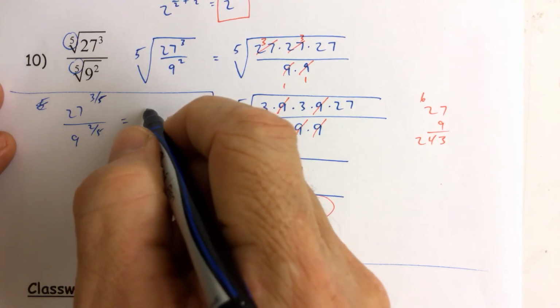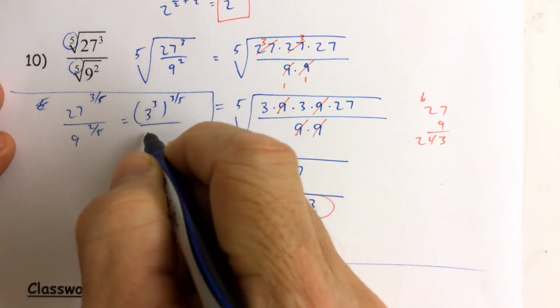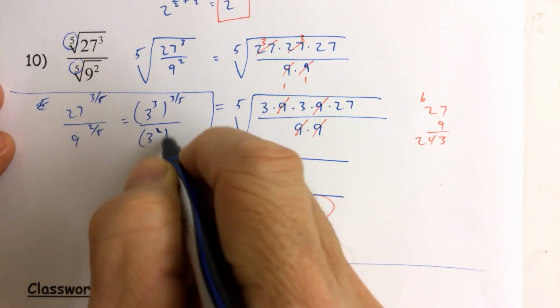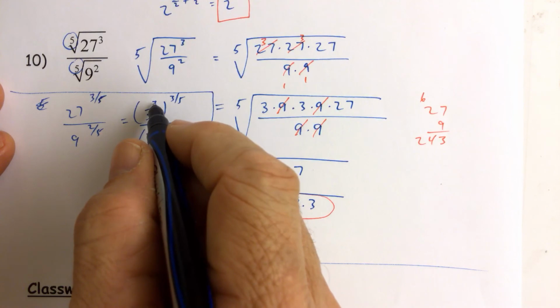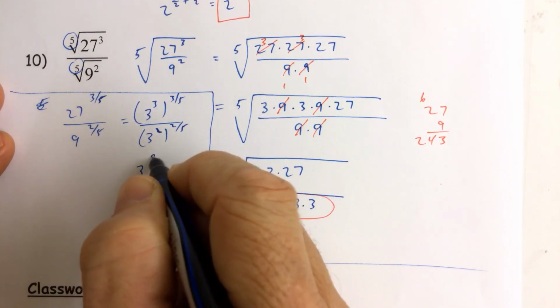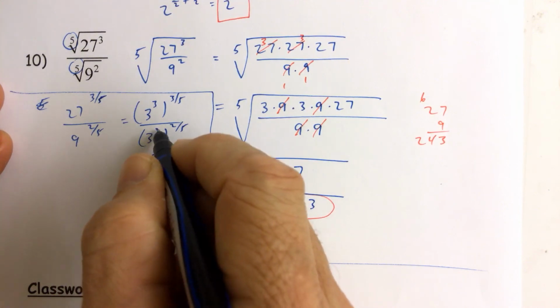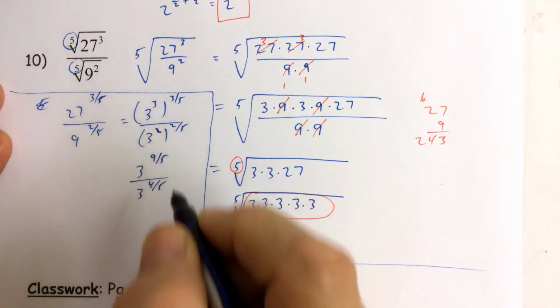So here's another way to do it. You have 3 to the 3rd power to the 3/5, and then you have 3 squared to the 2/5. Well, power to a power, so you have 3 times 3/5, that's 9/5. So you have 3 to the 9/5 over 3 to the 4/5, since 2 times 2/5 is 4/5.